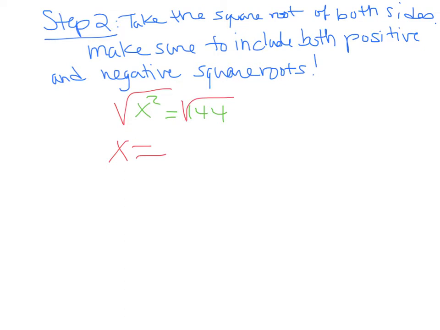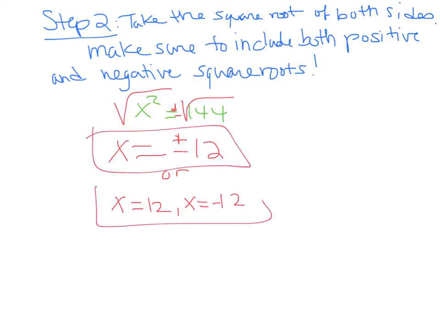The other thing that is very important is that we are going to include both possibilities. We can either have a positive answer or a negative answer. So my two answers are going to be positive 12 or negative 12. I often write it as plus or minus 12, but you can also write it as x equals 12 and x equals negative 12. So either of those two answers is acceptable.